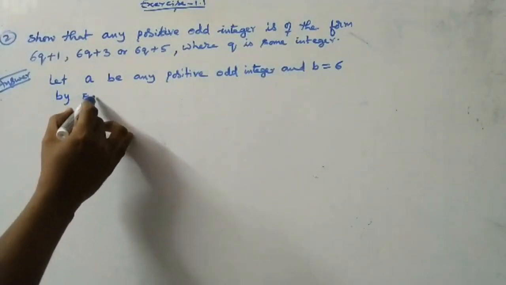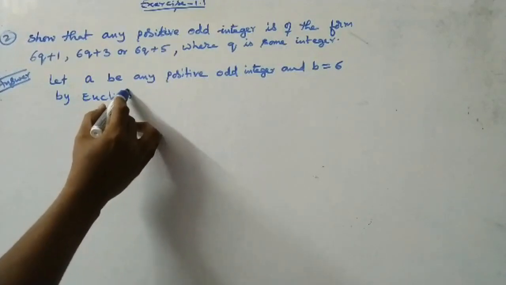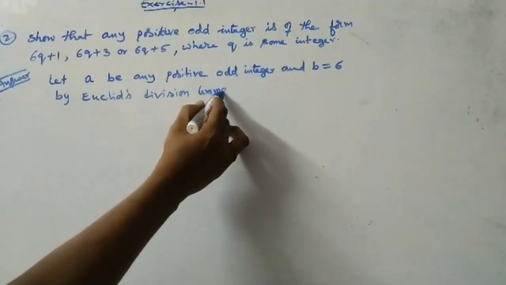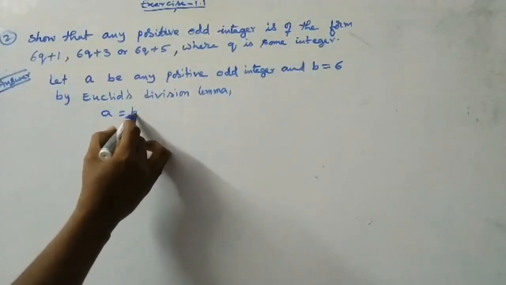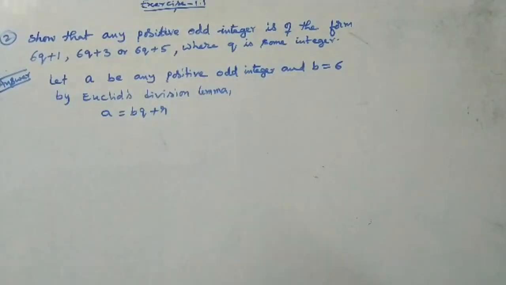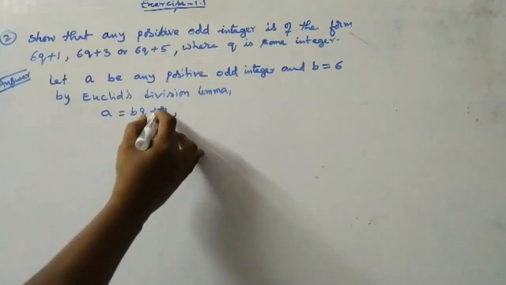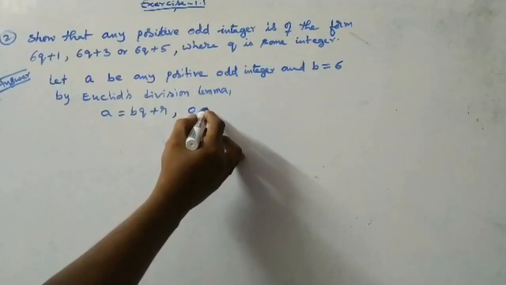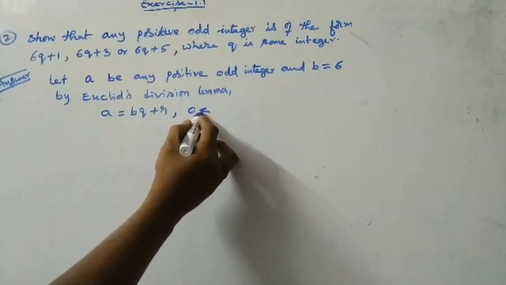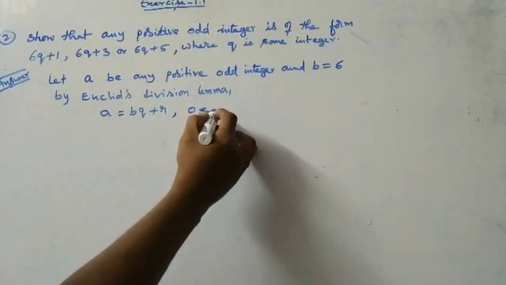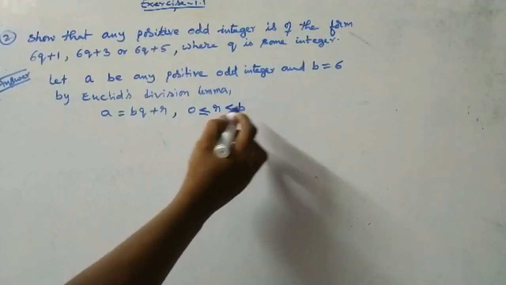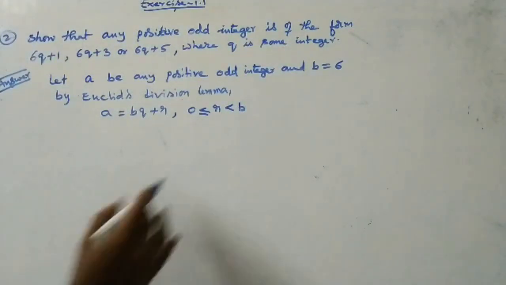By Euclid's division lemma, A is equal to BQ plus R. Dividend is equal to divisor into quotient plus the remainder. And the remainder always lies between 0 and B. That is, the remainder will be equal to 0 or lies between 0 and B: 0 less than or equal to R, strictly less than B.